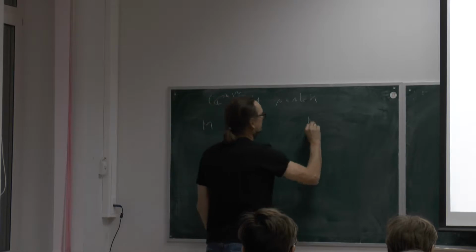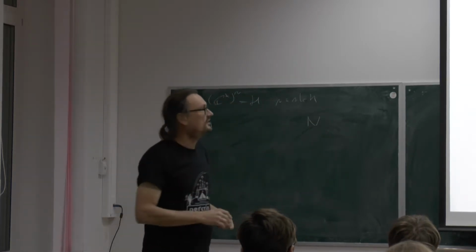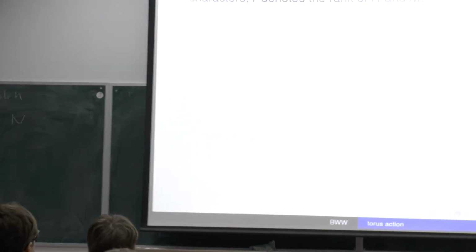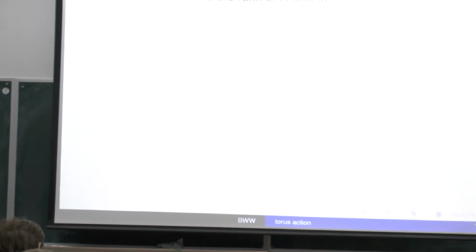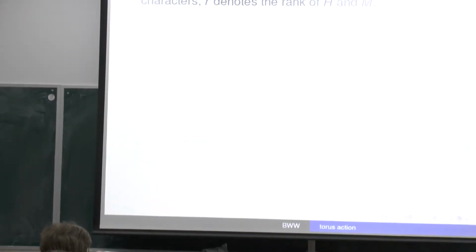This is the standard thing that you learn in a course on toric geometry: you have this lattice M, these are the characters of this torus, and the dual lattice N, which you can identify with one-parameter subgroups.